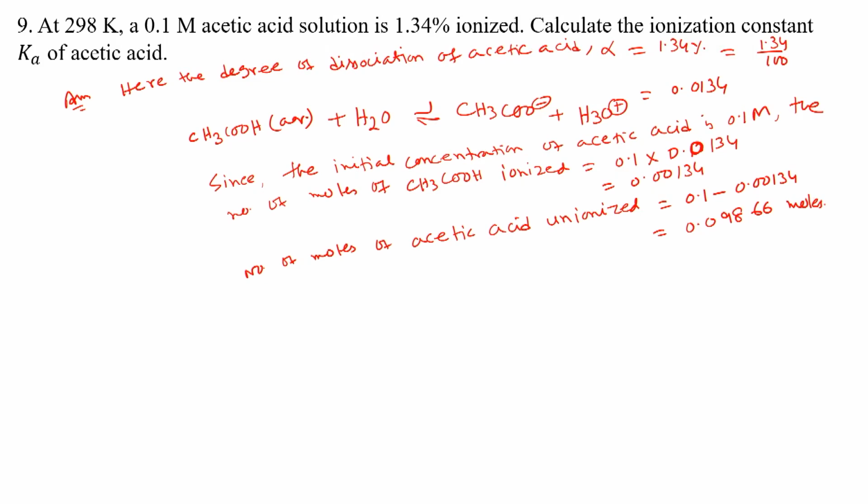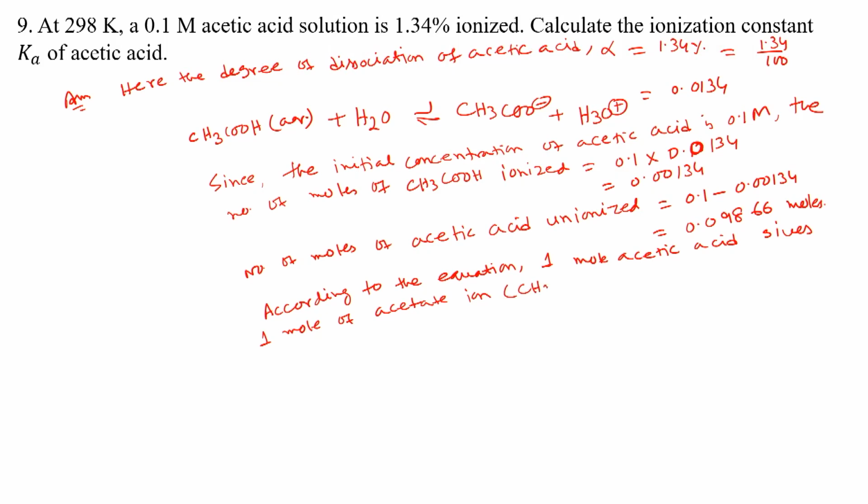So according to the equation, one mole acetic acid gives 1 mole CH3COO minus, acetate ion, and 1 mole of H3O plus ions.